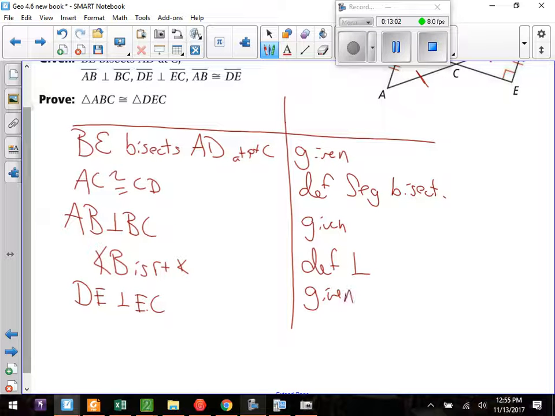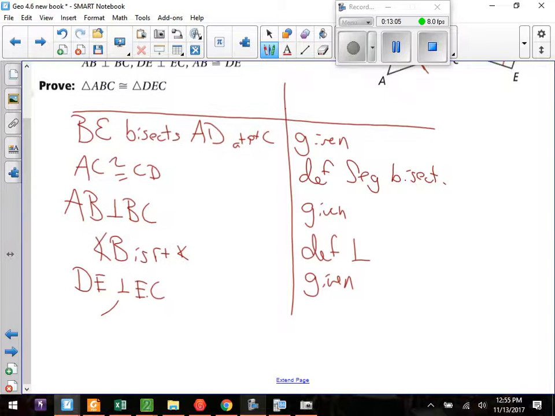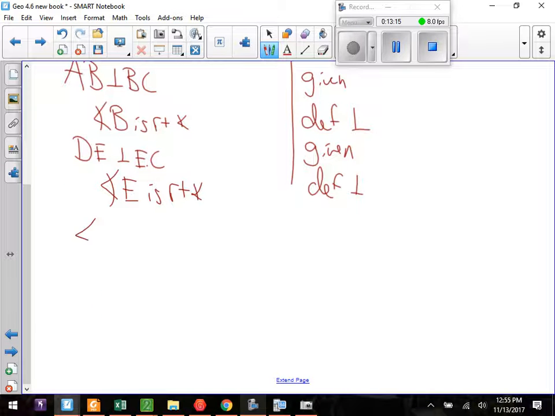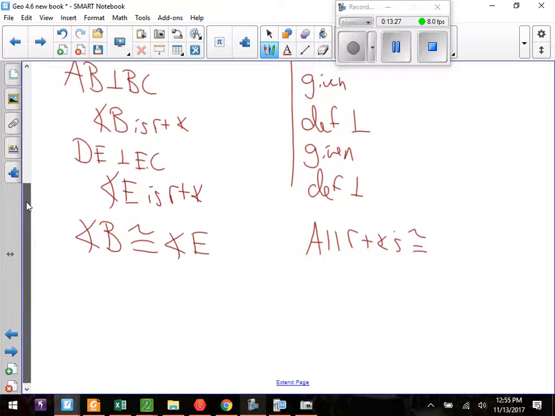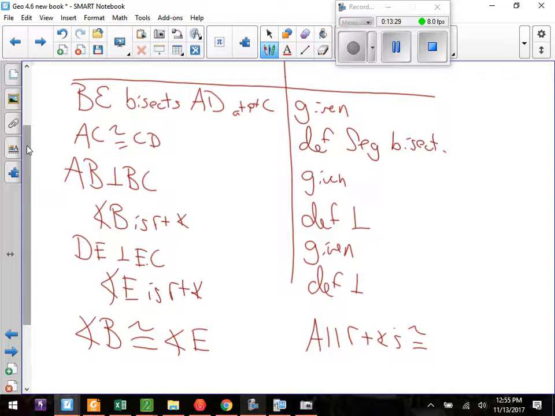And now you have angle E. And now you can say that they're equal or congruent to each other. So right there, we got 1, 2, 3, 4, 5, 6, 7 steps that were all kind of given to you, and you're not even done with your givens yet.